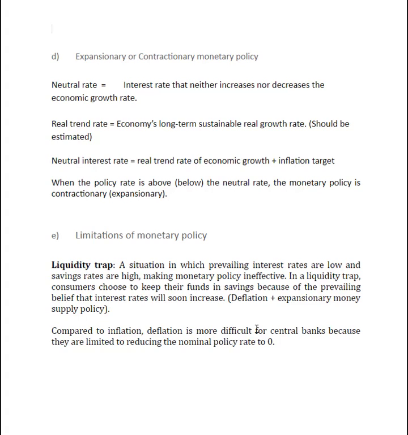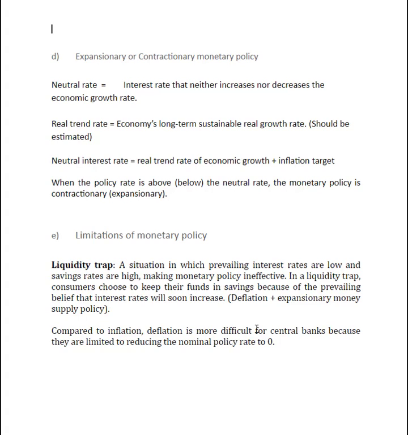Theoretically monetary policy should work, but in reality it takes time to be effective, and there are certain limitations. One of the limitations is called a liquidity trap. When the central bank, by controlling the money supply, brings down the interest rate, but the aggregate demand still doesn't go up, because consumers think they should keep their funds in savings and don't invest the way they should.